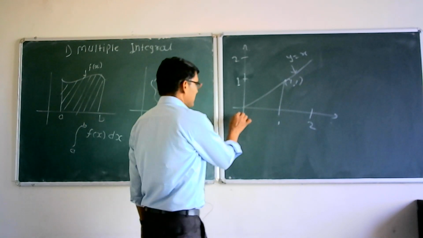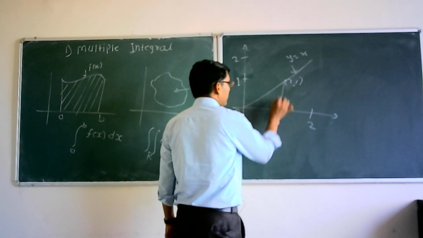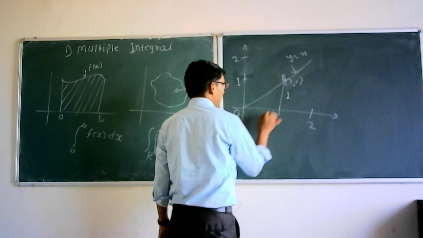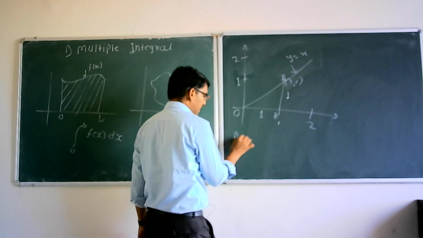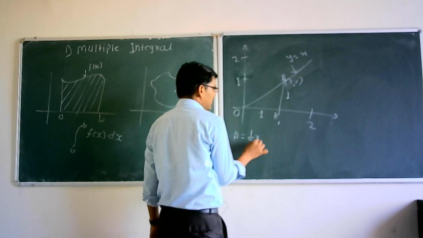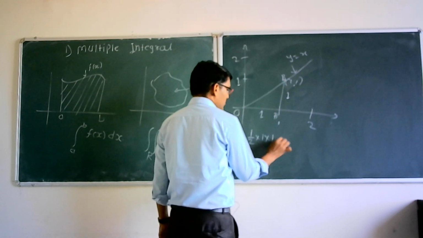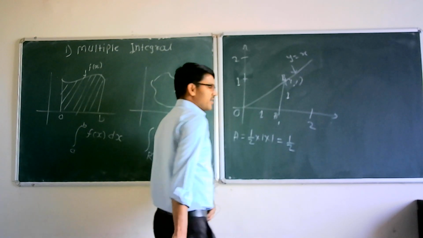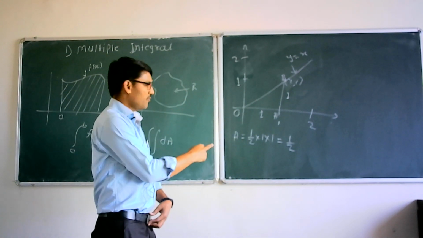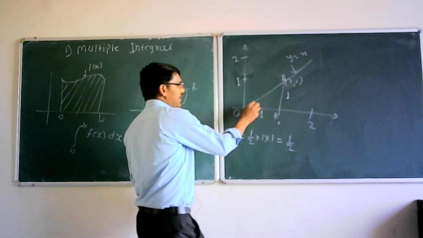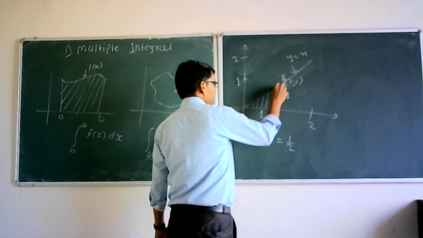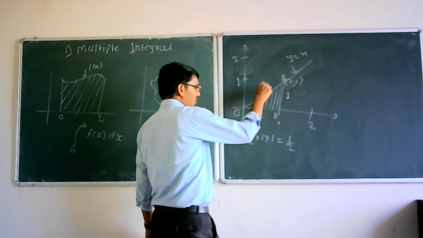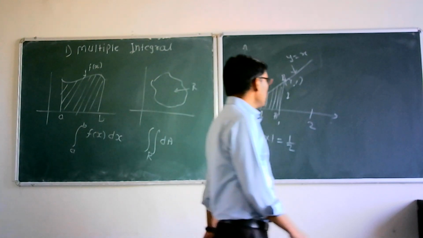This is a triangle OAB with height 1 and base 1, and area is 1/2 base into height, so the area is 1/2.